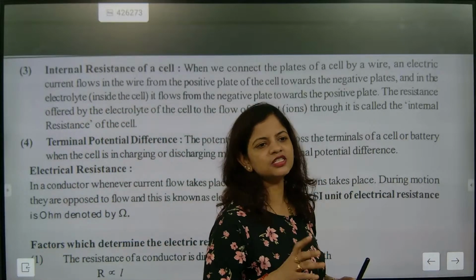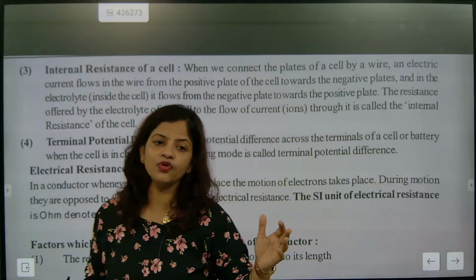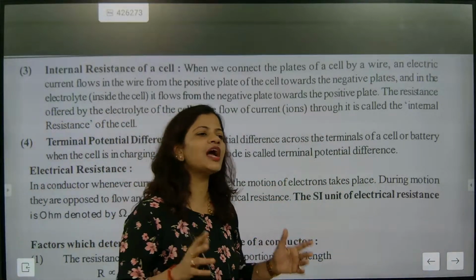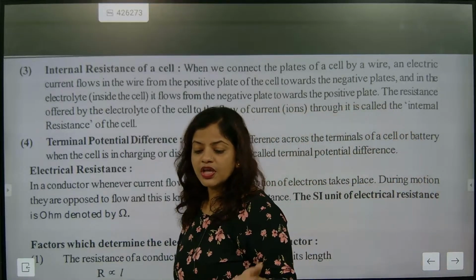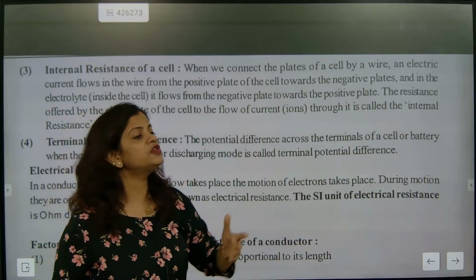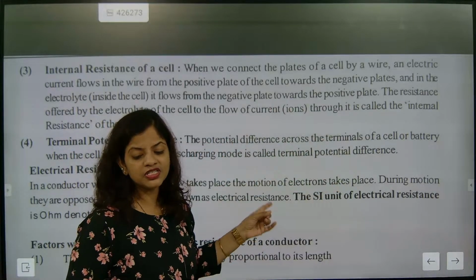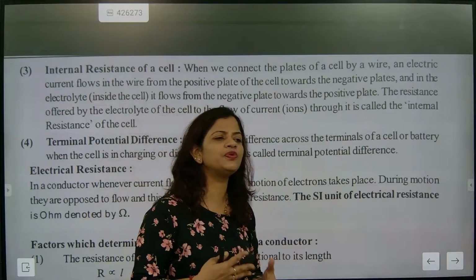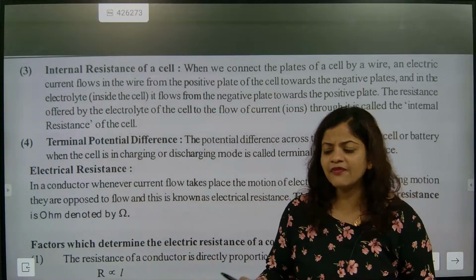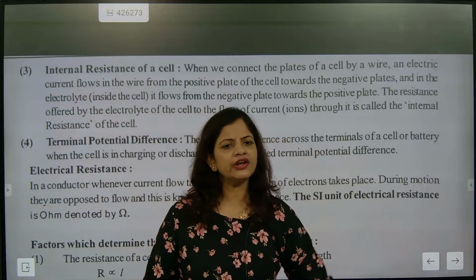The ions present in the circuit also try to stop the electrons from flowing easily, because ions are made of atoms and they have electrons. If electrons wish to move from the negative terminal towards the positive terminal, will they be able to move easily? No, because they have to experience resistance.